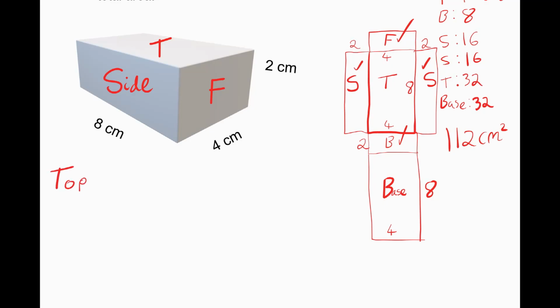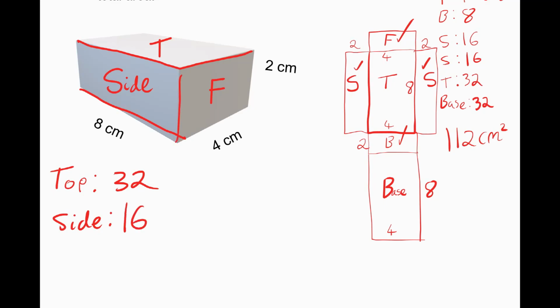So I prefer to just do this and say, well, the top is going to have area 8 times 4, which is 32 centimeters squared. The side is going to have area 8 by 2, which is 16 centimeters squared, and the front is going to have area 4 by 2, which is 8 centimeters squared.